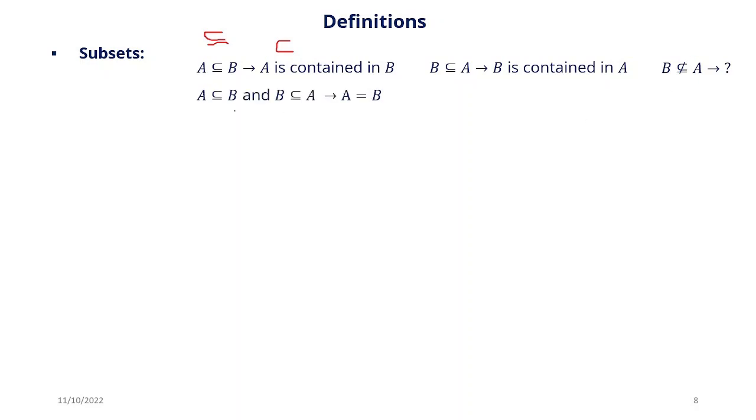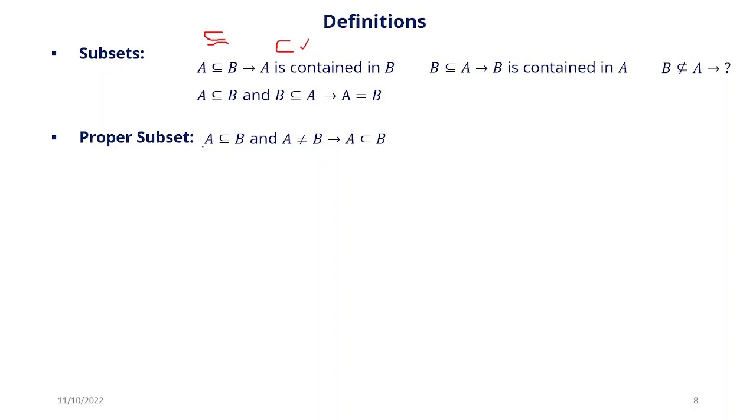Okay. So some other things we need to know is, if A is a subset of B and at the same time B is a subset of A, it implies that A and B are equal. We talk about proper subsets. If A is a subset of B and A is not equal to B at any time, then it implies that A is a proper subset of B. This is what I was trying to describe before.